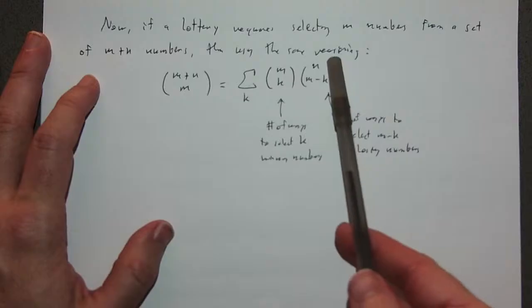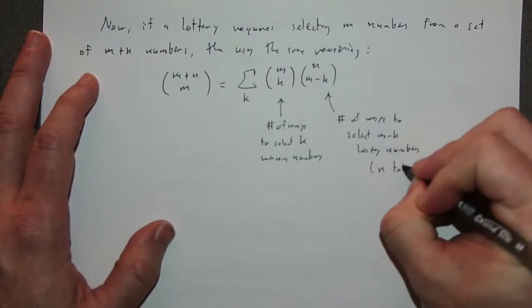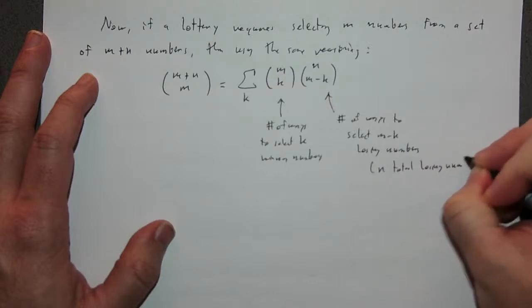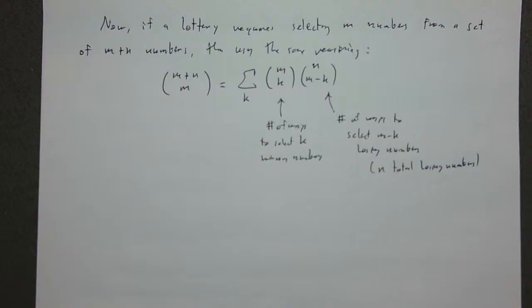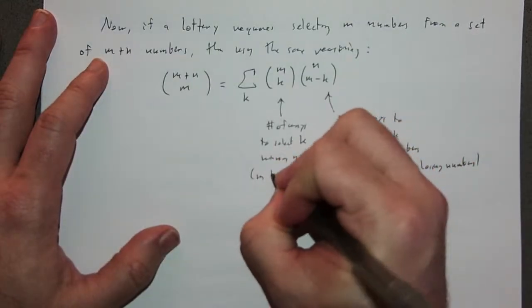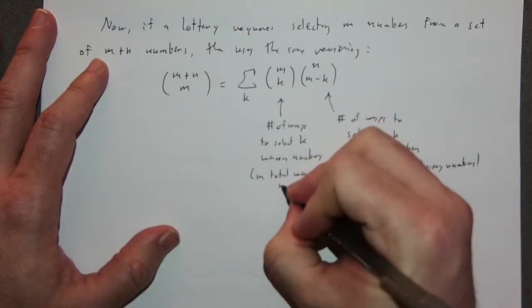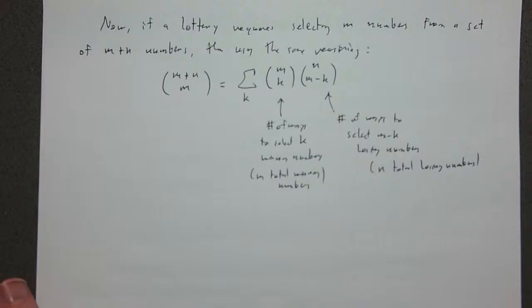So there are n total losing numbers, just like there are m total winning numbers. Okay.